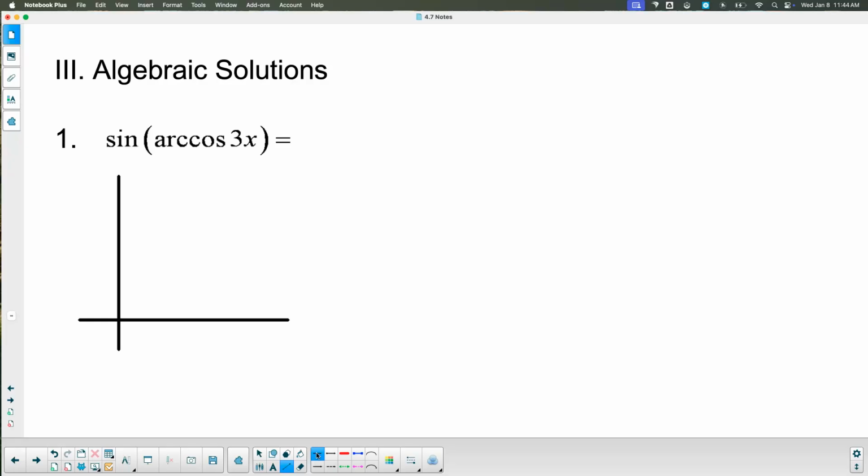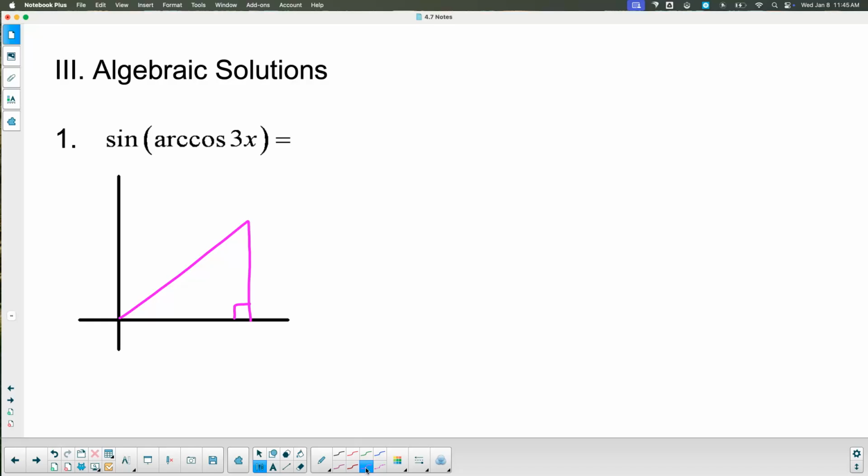cosine in quadrant number 1 is what again? SOHCAHTOA? Cosine is adjacent over hypotenuse, correct? Okay.